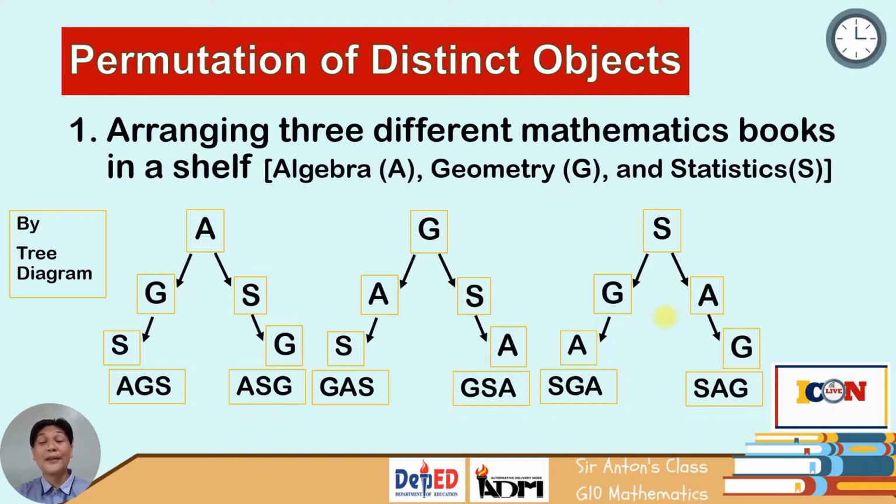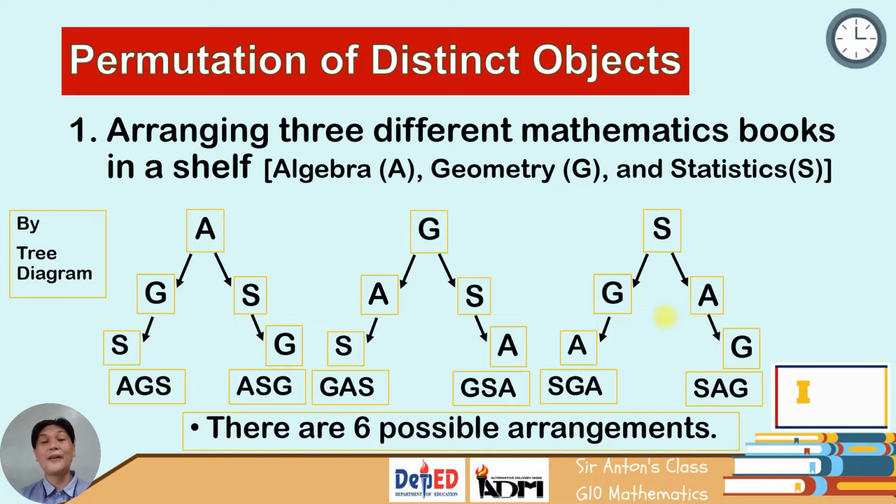And the third, we have statistics first, then geometry, and then algebra, or SGA. And if we pick statistics first, then we can also have algebra, then geometry, or SAG. So if you look at the bottom part, there are 6 possible arrangements for the 3 books. I hope you understand that a little.